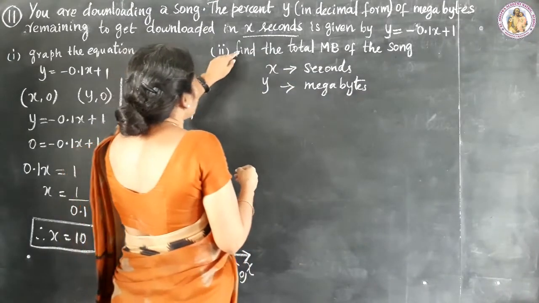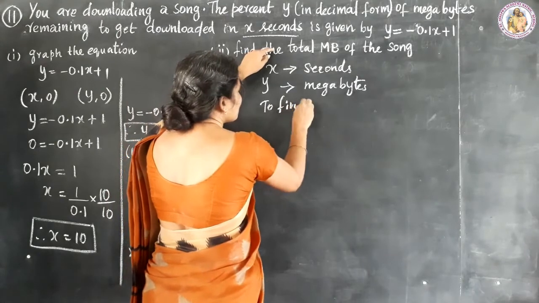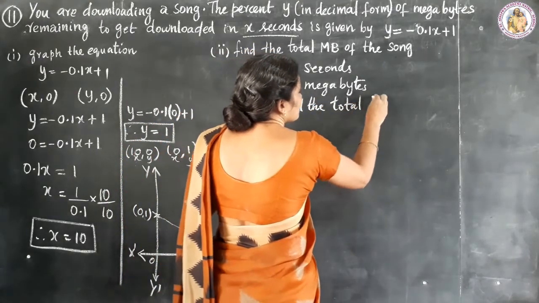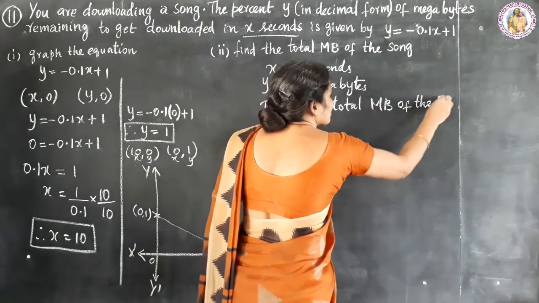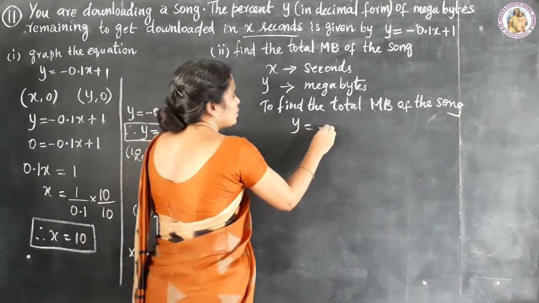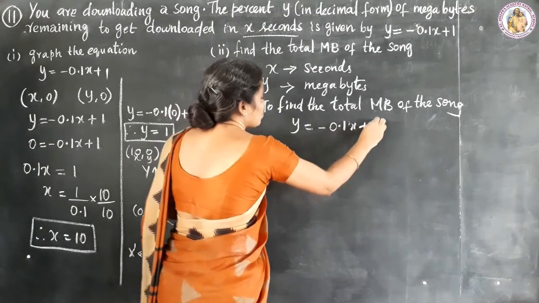Now find the total MB of the song. To find the total MB of the song, we use y is equal to minus 0.1x plus 1.